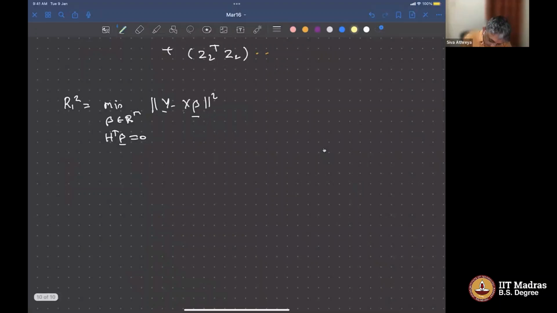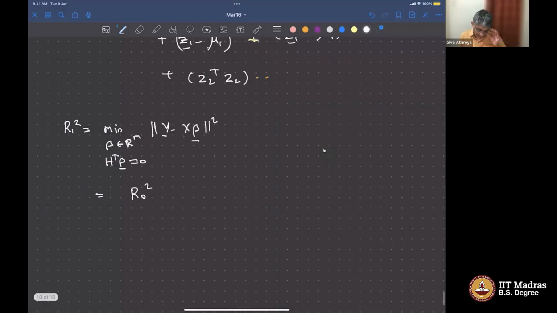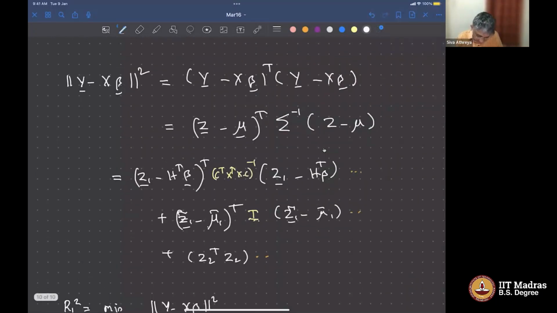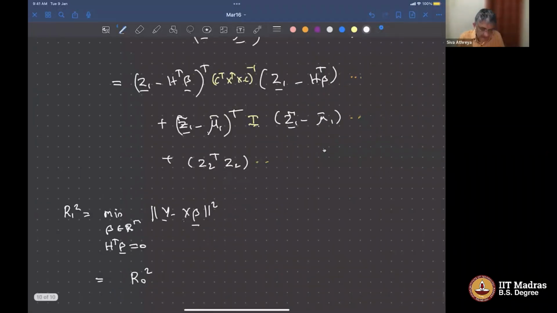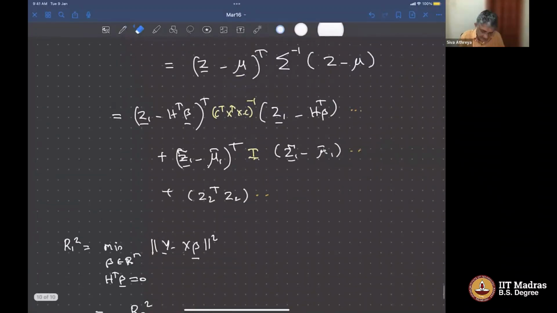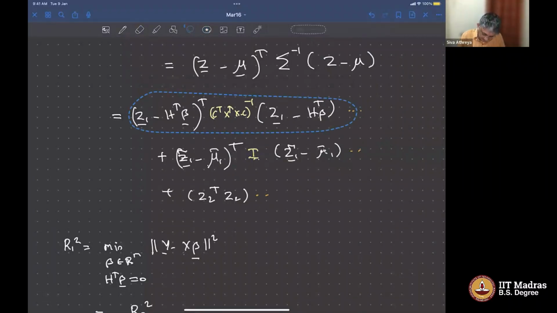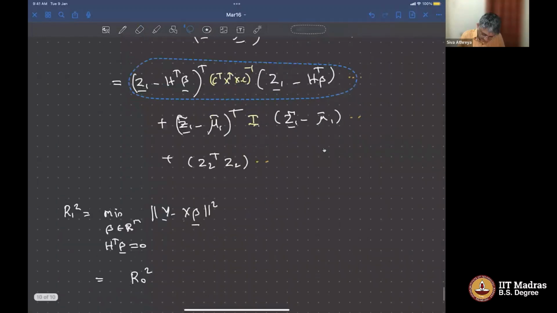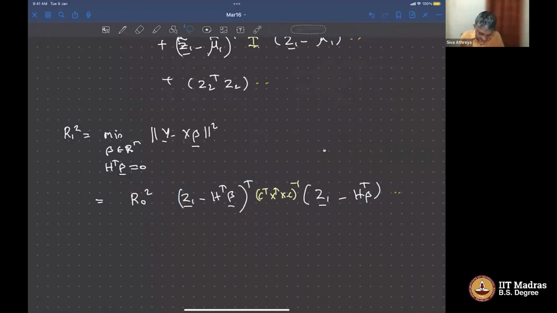So what I'll do is take the one without H transpose beta equal to 0. If that happens, then this guy goes away. This guy's already there. So what's left is H transpose beta not equal to 0. That's what's left on the other side. It's a simple exercise. It's going to be this plus this guy. So without that is this plus this guy.